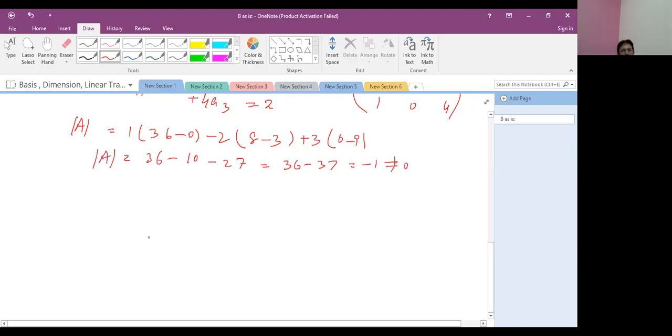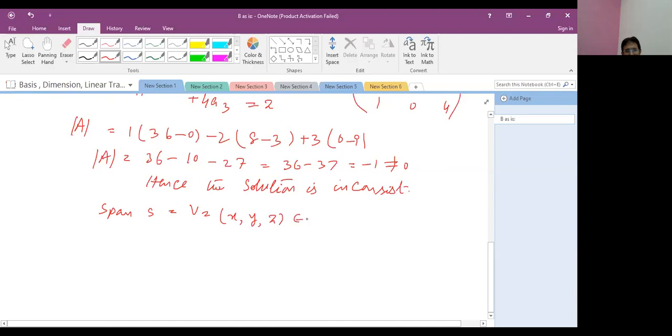So if the determinant of A is not equal to 0, hence the solution is consistent. This means the span of S is equal to all (x, y, z) belonging to R cube.